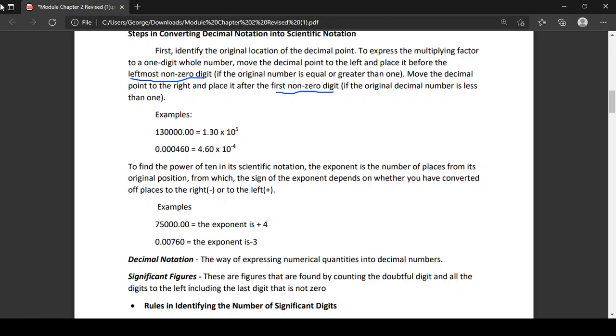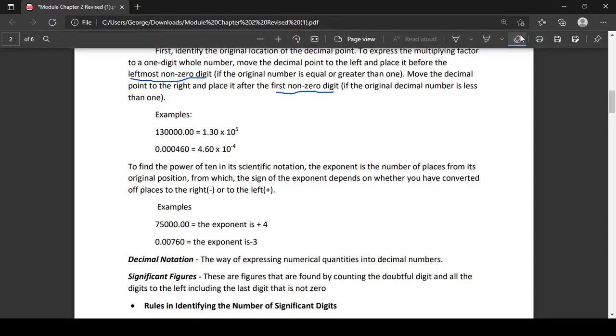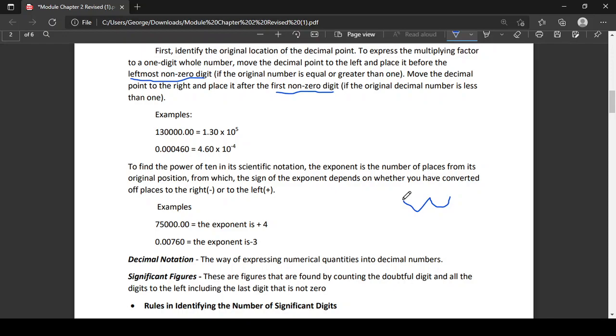If the exponent is positive, do we move right to left or left to right? Right to left.